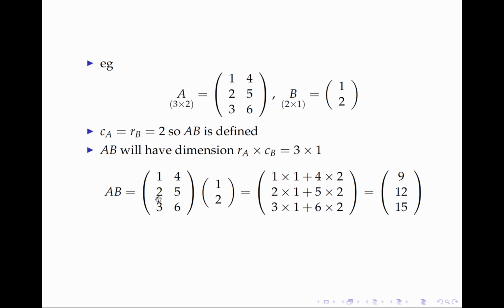So that's the basic operation of multiplying matrices together, this mixture of multiplying the individual elements as they match up and then adding up to get the final results. Then the final result is a 3x1 corresponding to the 3 rows in A and the single column in B.